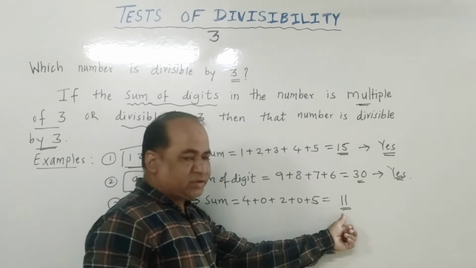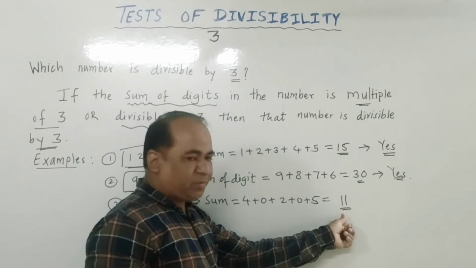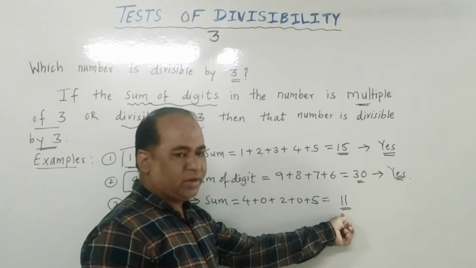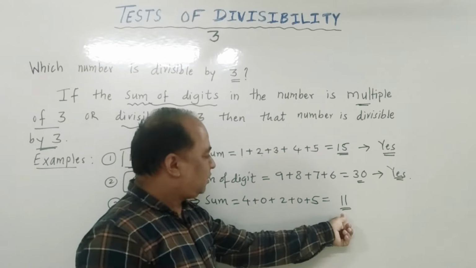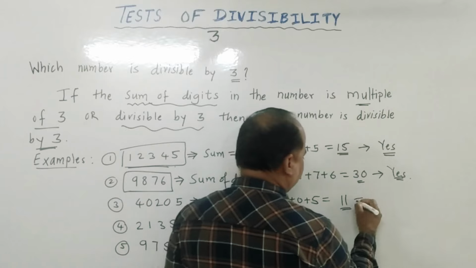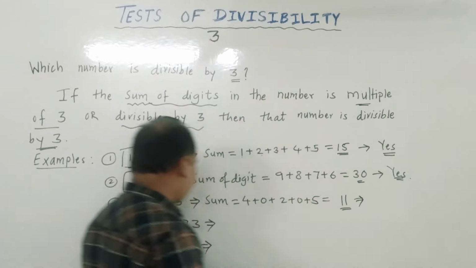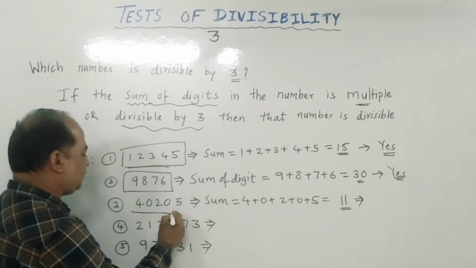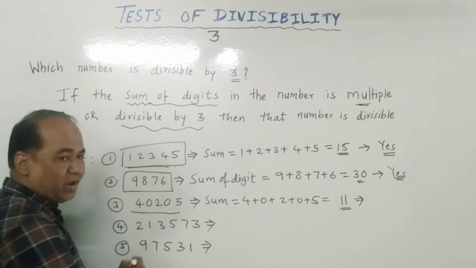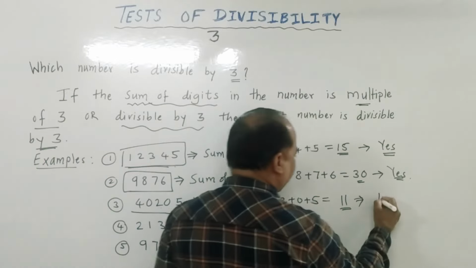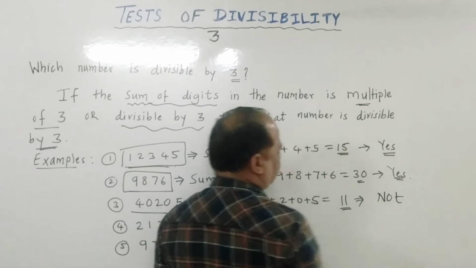Is this 11 a multiple of 3? No, it is not in the 3 table. So this number 40205 is not divisible by 3.